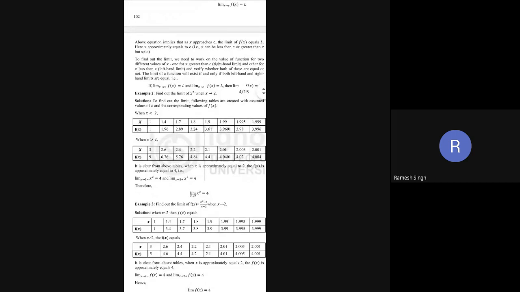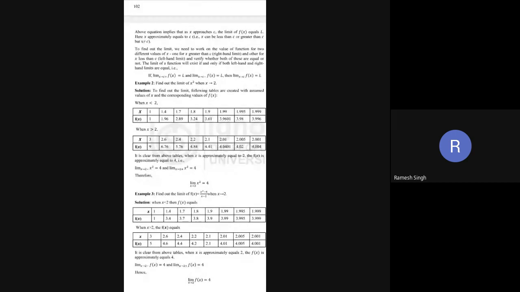So here it is taken from the negative side and from the positive side. In the first case, the values are taken less than 2, and in the second case, the values are taken more than 2. If the same equation is solved according to the limit, limit x tends to 2 minus means the negative form.